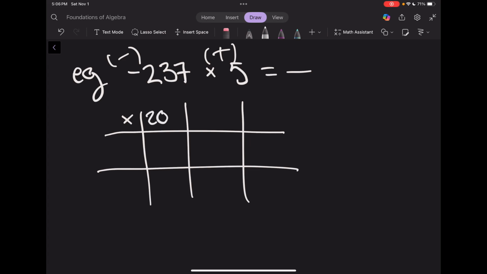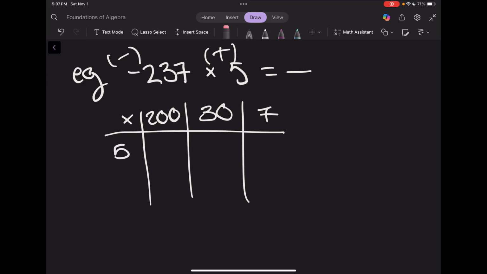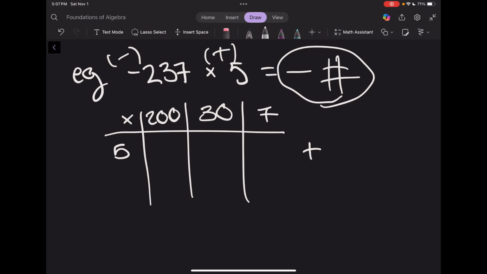And then you can go about regular steps here. And you would add them all up and you would get some number. But since it's a negative times a positive, you're going to have a negative answer.